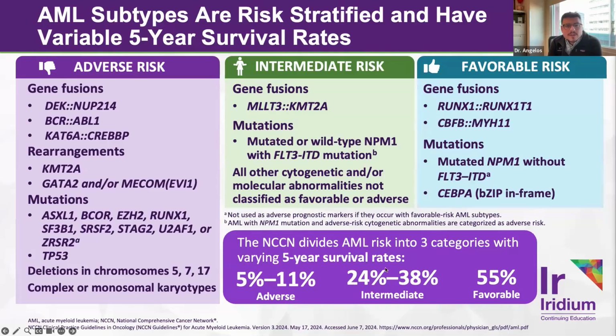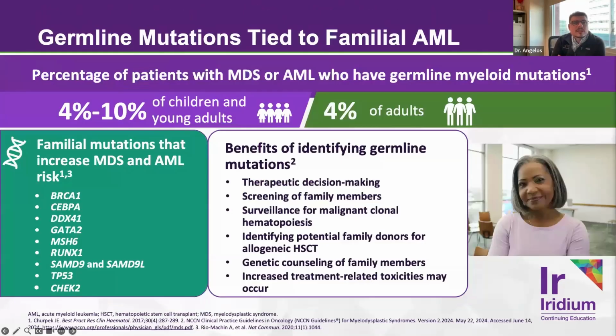And of course, the outcomes are worsened as patients have higher risk mutations that comprise the intermediate and adverse ELN 2020 risk stratifiers. Like I said before, we're starting to learn more about these germline myeloid mutations that possess a predisposition to developing a myeloid neoplasm in the patient's lifetime.